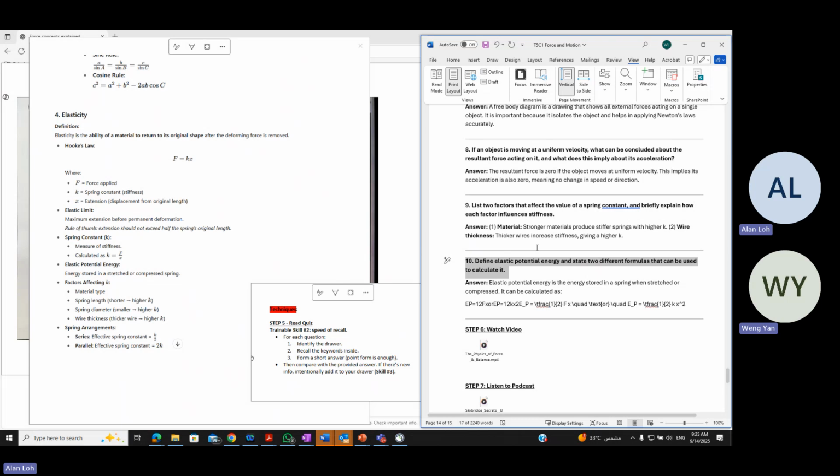The K, X and also the EP relation, the potential.